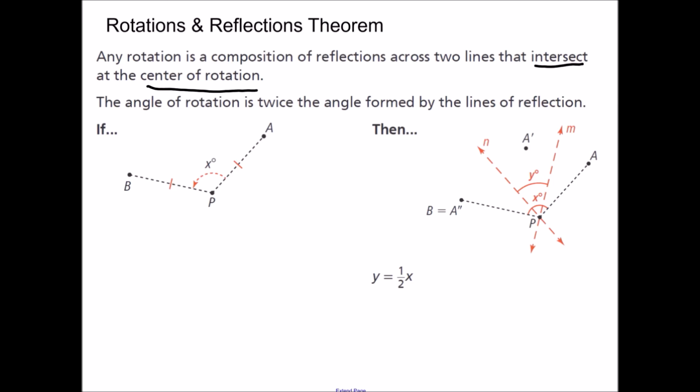So let's say we have a generic angle x and we're rotating that counterclockwise.